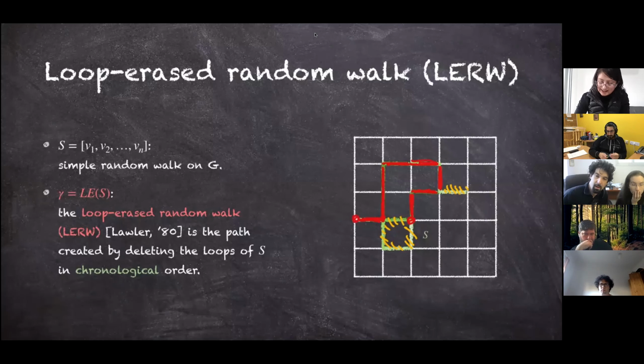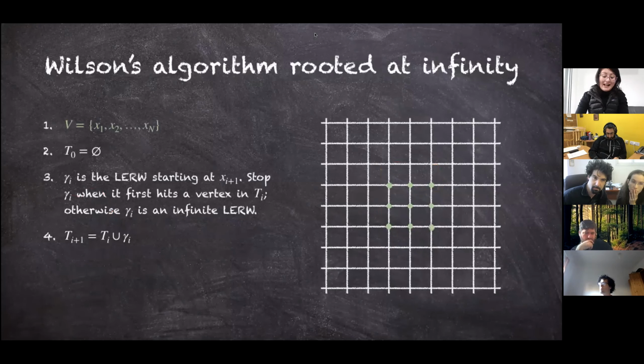So what I obtain at the end is this path gamma, that is the loop erasure of a simple random walk S. And well, we know this model was proposed by Greg Lawler in the 80s and has been of huge importance in probability, and even more in uniform spanning trees because of this algorithm, Wilson's algorithm rooted at infinity.